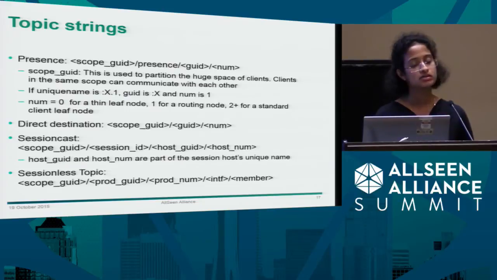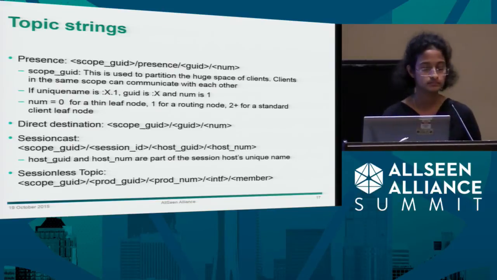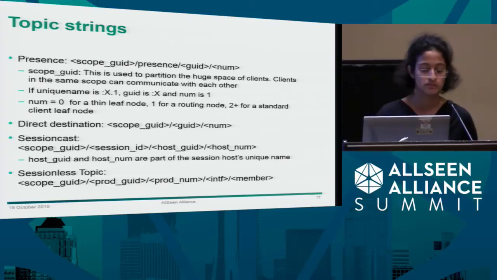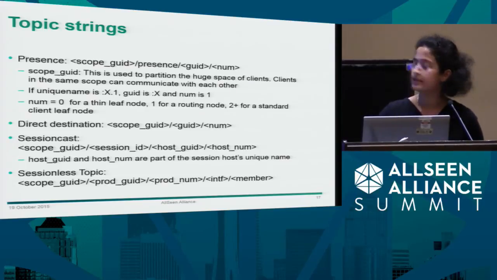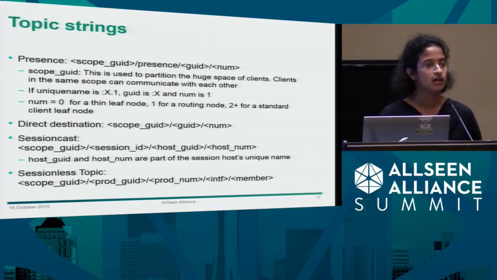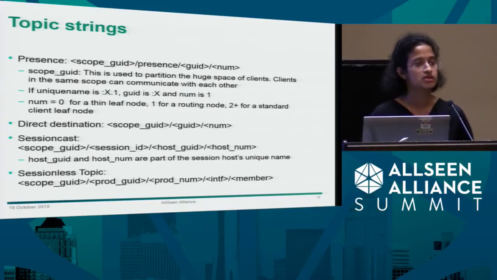So the thin client uses a persistent GUID to come up with its own unique name. To distinguish a thin client from other thin leaf nodes that are directly connected over MQTT, what we did was set that number to be 0 for a thin leaf node. And always routing nodes are the .1, and anything above that is a standard client leaf node that's connected to a router.